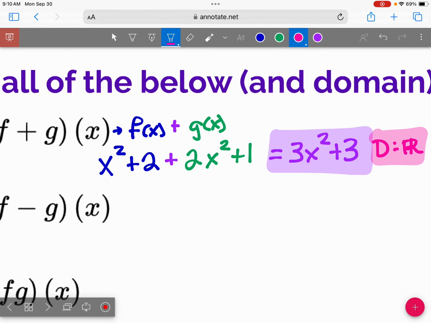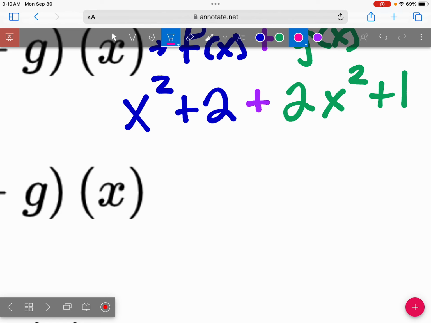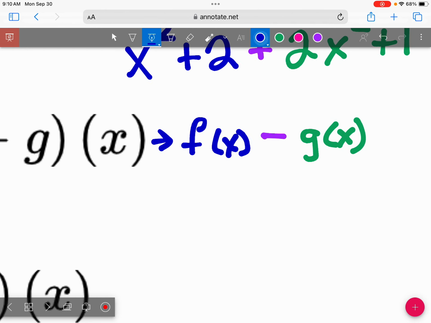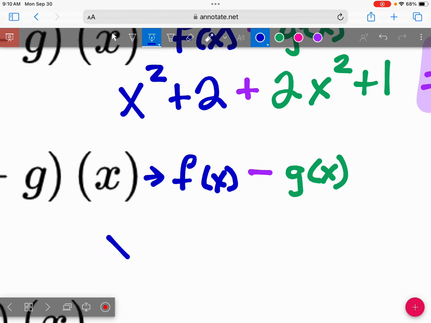Let's do the same with our subtraction. Again, this means we're going to take our f of x and subtract our g of x. My f of x, we know, is x squared plus 2.